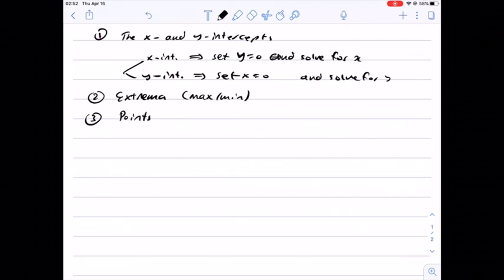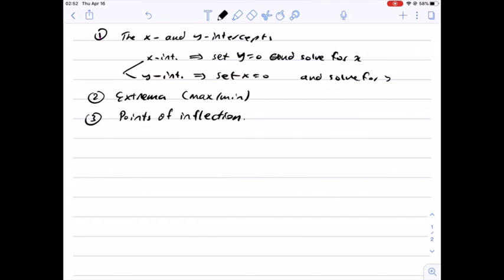Third, points of inflection, and these are applications of the second derivative. The importance of this is that the point of inflection is the point where the graph changes its concavity.